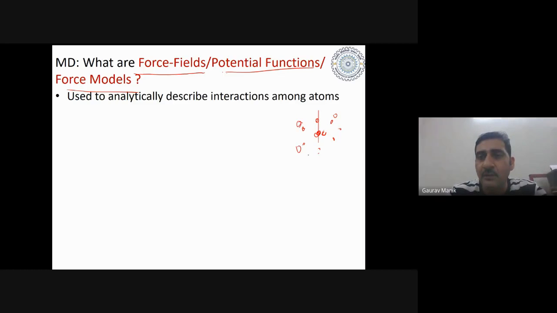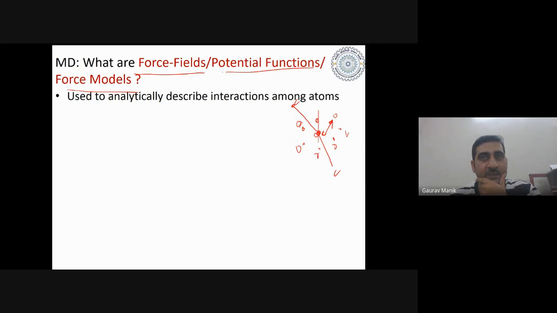What you will need to know is how this carbon atom interacts with an oxygen atom, and how it interacts with another carbon atom of the polyethylene chain. So you would need to know the intermolecular interactions between carbon and oxygen. You would also need to know the intramolecular interactions between the carbon-carbon atoms of the same chain.